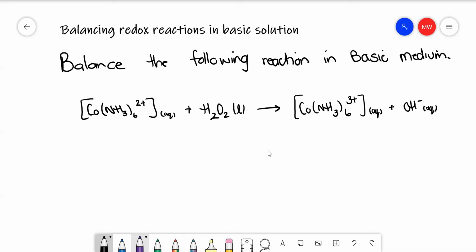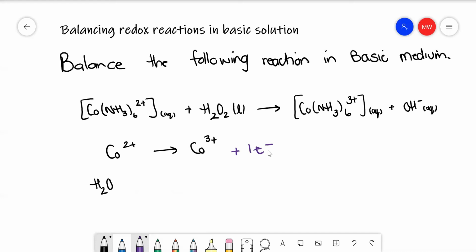Okay, and so just like in acids and balancing, we need to find the half reactions. In this case, my cobalt is going from 2+ to cobalt 3+, which means it loses an electron. And I can show that.